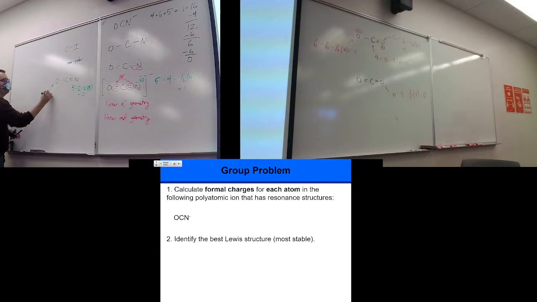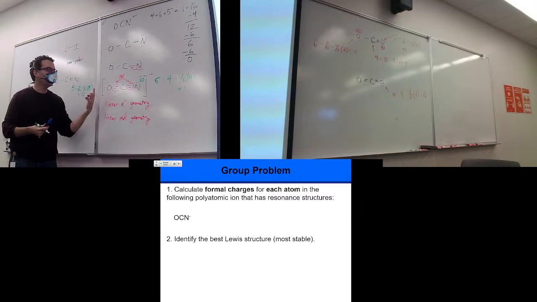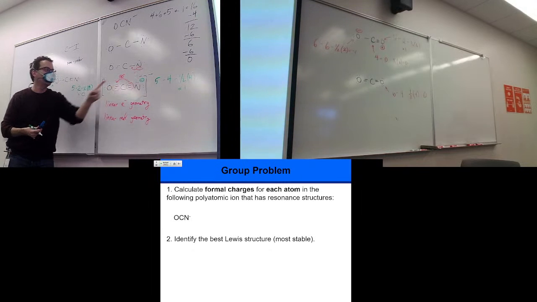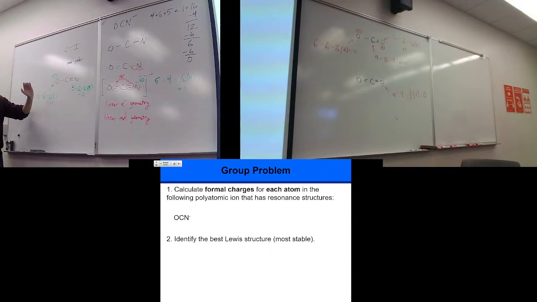The oxygen now is 6 minus 6 minus half of 2. Negative 1. So the oxygen has a minus 1 now. And this should make sense, right? The formal charges of all of your atoms should add up to the overall charge on the molecule. So I get the negative in there. Which one's better?